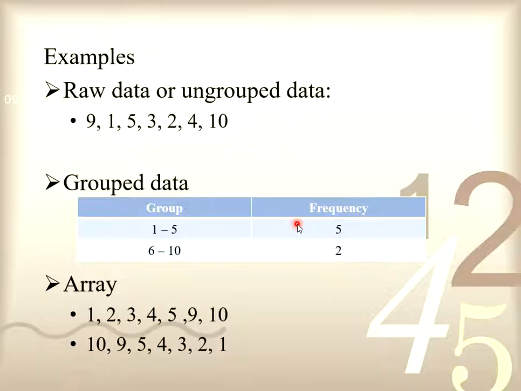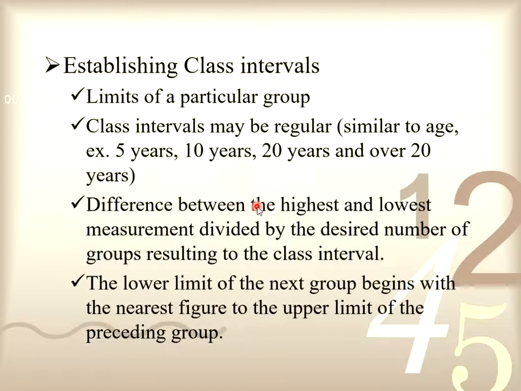Next, an array is arranged in either ascending or descending pattern. So, 1, 2, 3, 4, 5, 9, 10. Okay. 10, 9, 5, 4, 3, 2, 1. So, ascending and descending order. Establishing class intervals. They are the limits of a particular group.